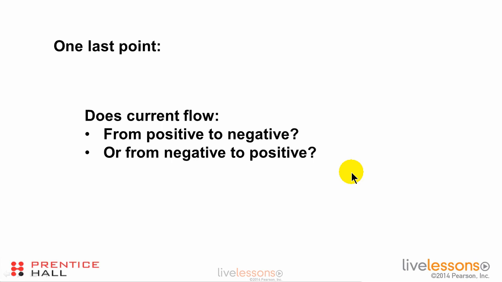But otherwise, if we're just analyzing circuits, we don't have to worry about what direction current is flowing. And as an industry, we have continued to use the standard that current flows from positive to negative, even though that's not strictly true.